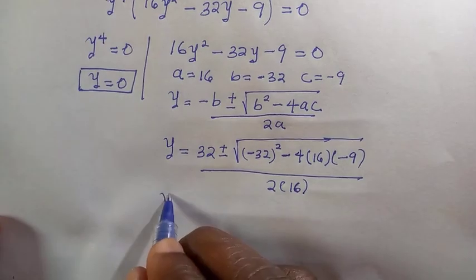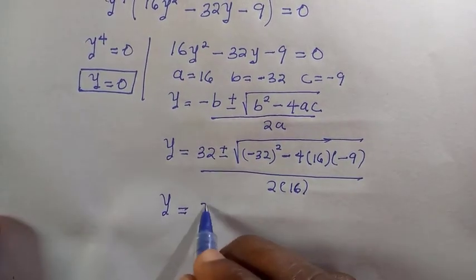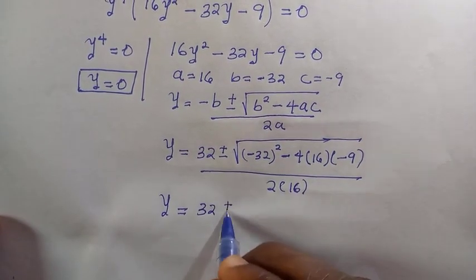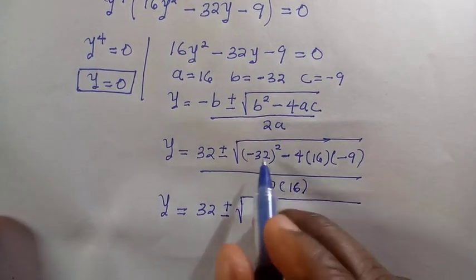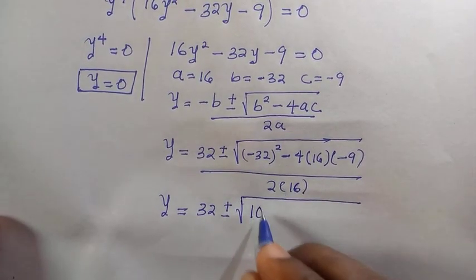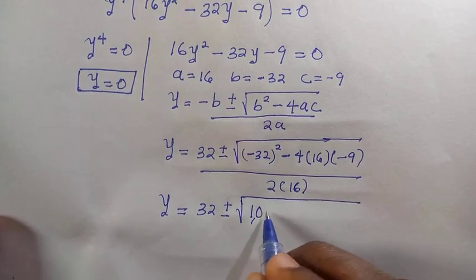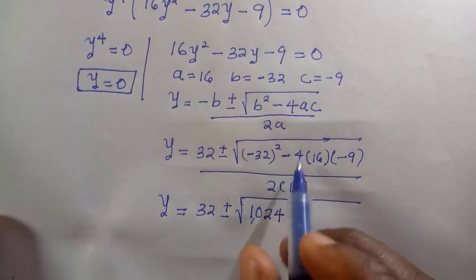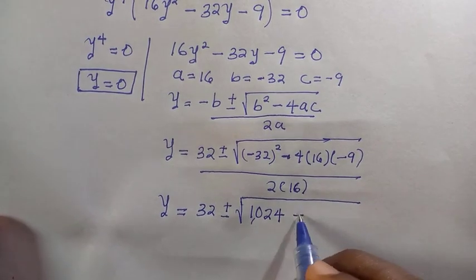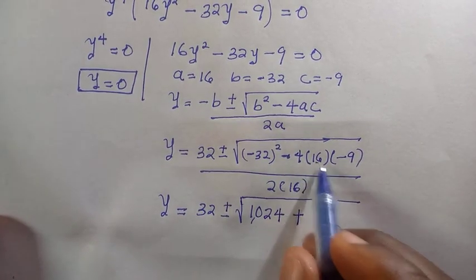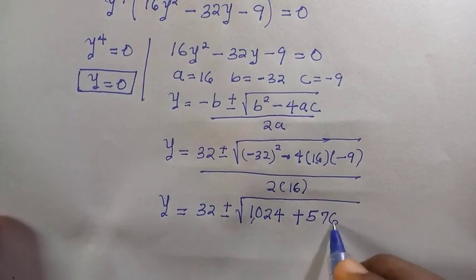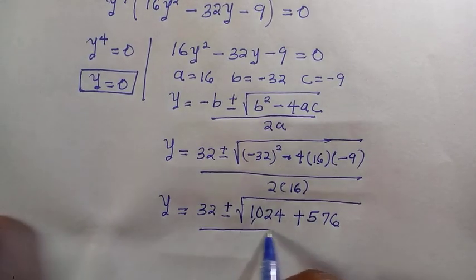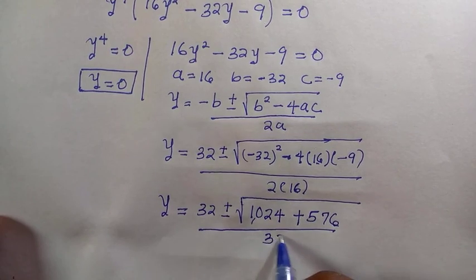And so we just start to evaluate all this. We have 32 plus or minus the root of 32 raised to power 2, which is 1024, and minus times minus is plus 4 times 16 times 9, everything becomes 576, divided by 2 multiplied by 16, that is 32.